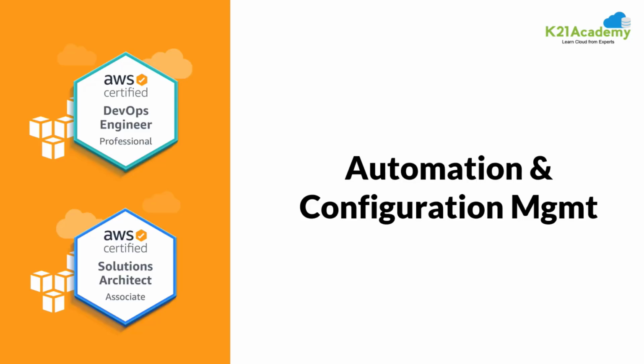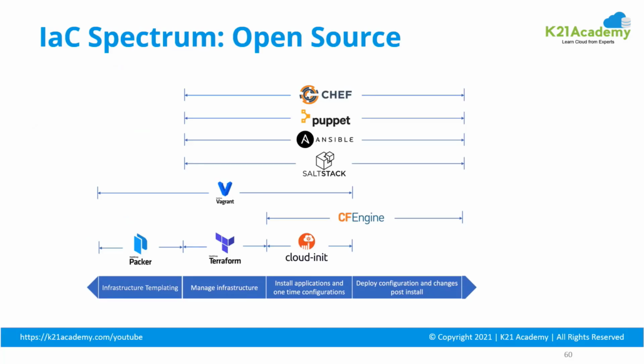And we're going to look at automation and configuration management on AWS. You might have seen or heard of infrastructure automation, which is basically setting up your servers, automating the build, and then configuration on top of that server, then installing applications on top of the underlying infrastructure and on the server, and then finally deploying any additional configurations or post-deployment configuration changes.